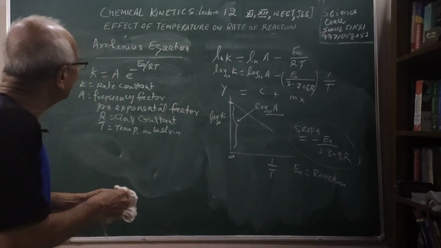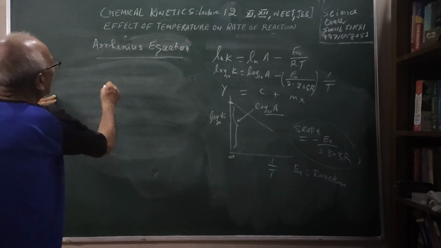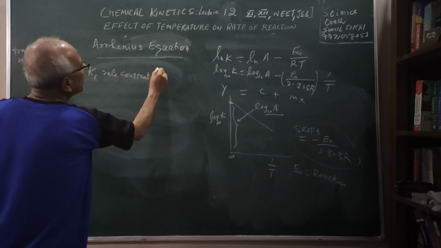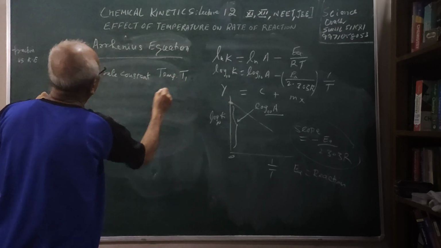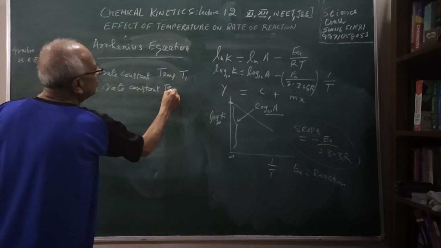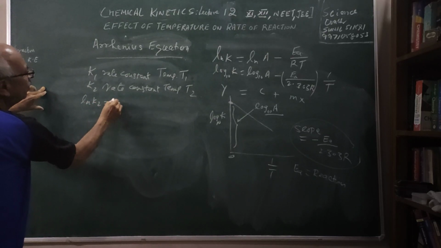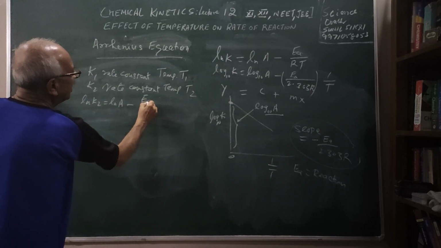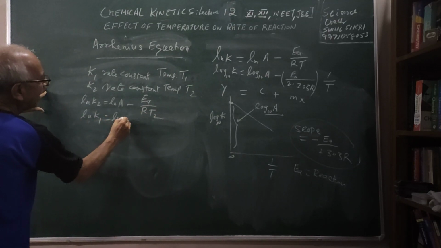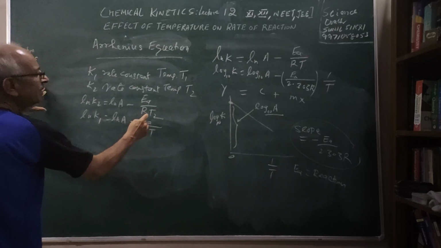And another important thing from this is that if I know the value of K1, the rate constant at temperature T1, and K2, the rate constant at temperature T2, students, then we can write ln K2 is equal to ln A minus EA by RT2, and ln K1 is equal to ln A minus EA by RT1.